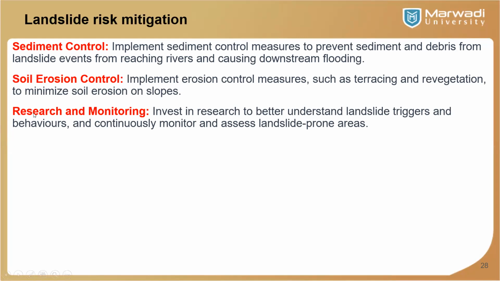Research and monitoring: invest in research to better understand landslide triggers and behaviors, and continuously monitor and assess landslide prone areas, or we can say the plate movements or mass movement in that particular area.